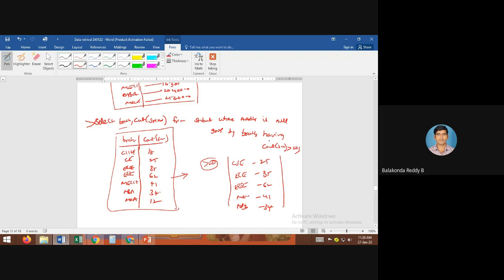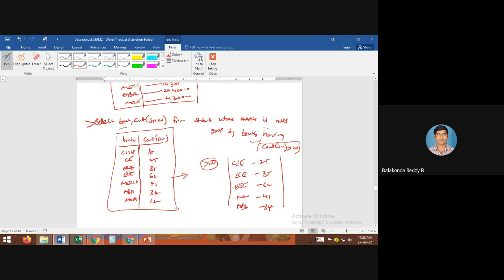It is a condition on the GROUP BY clause. What is meant by HAVING in English terminology, guys? Yes. So this is the condition: which branches are not having Aadhaar numbers above 20? I need only those results.